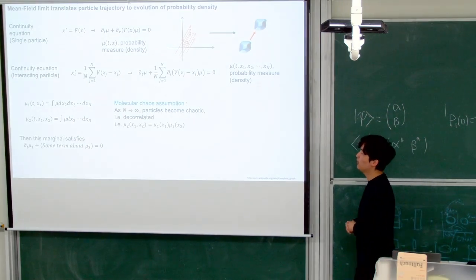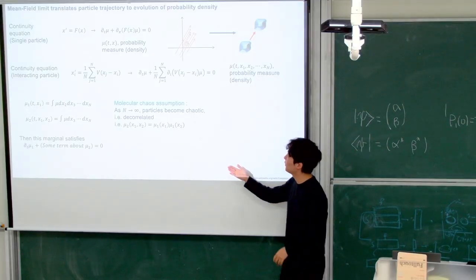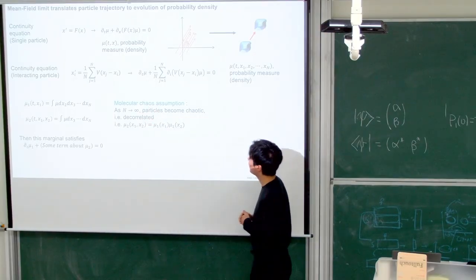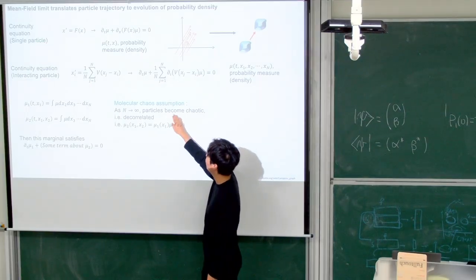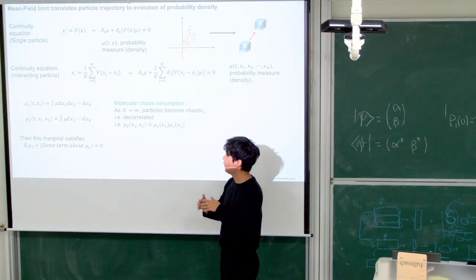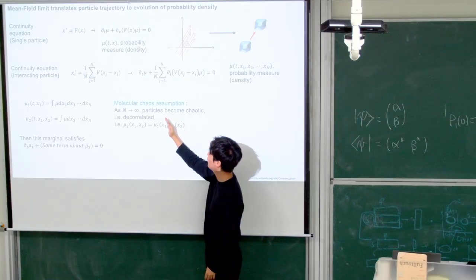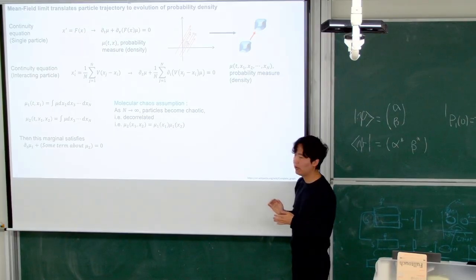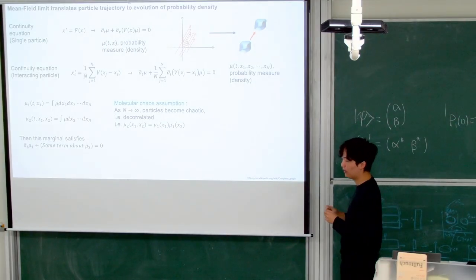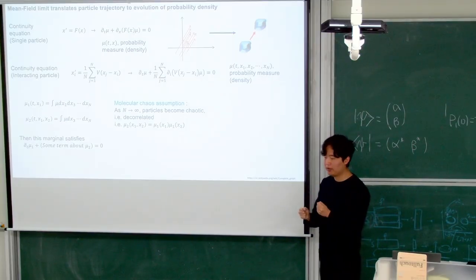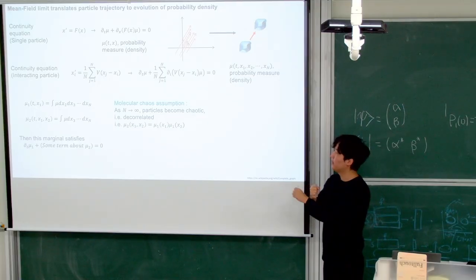So in the end, you have to assume something, which is molecular chaos. But why this name, and what does it mean? The molecular chaos assumption means that as the number of particles becomes too large, we assume that particles become chaotic. If you recall, chaotic means sensitive dependence on initial data. In other words, if the initial data are different, then the trajectories are very different.